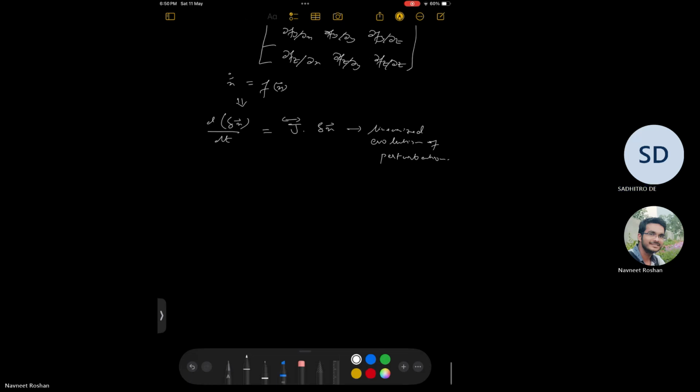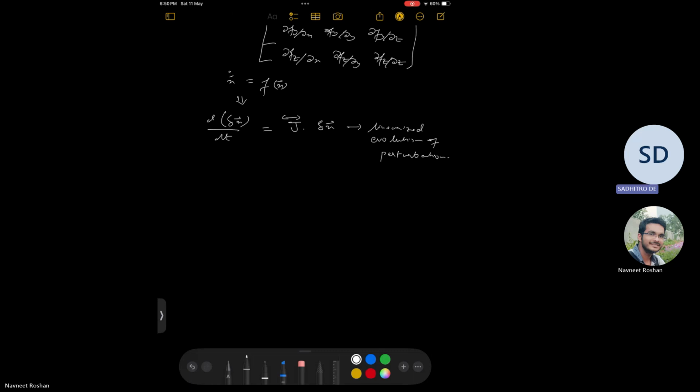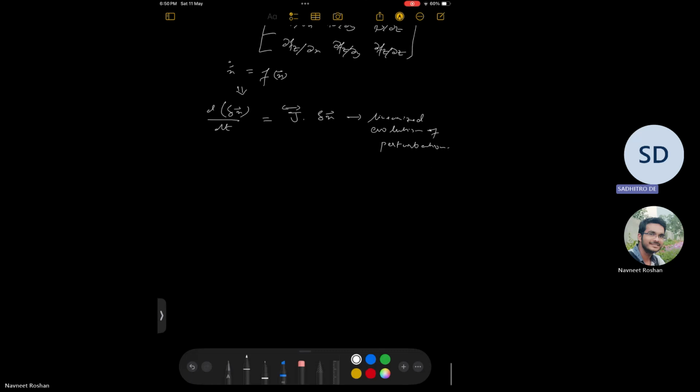Then if we try to solve this equation, we have to solve it numerically. This means that delta x at time t0 plus delta t is equal to delta x at time t0 plus J dot delta x at time t0.